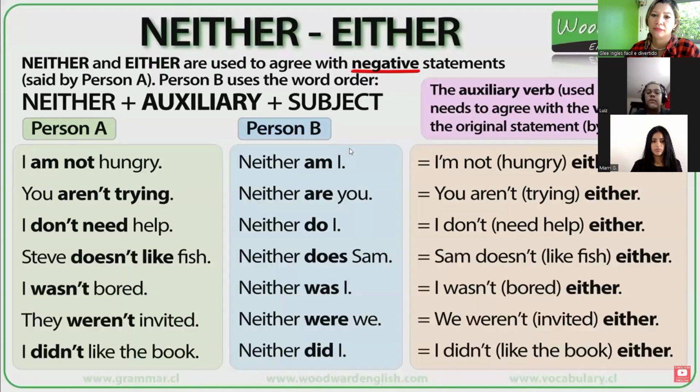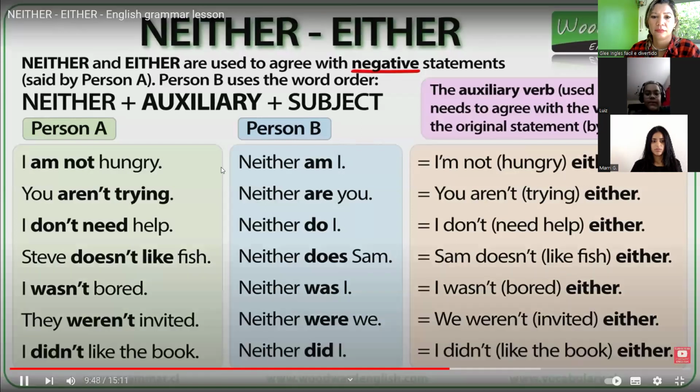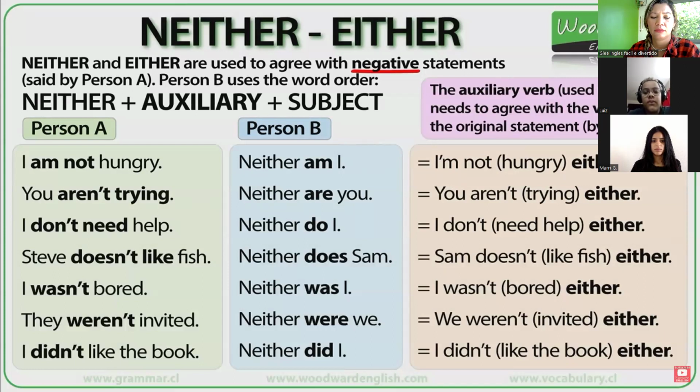Let's quickly go through each of these again. I am not hungry. Neither am I. You aren't trying. Neither are you. I don't need help. Neither do I. Steve doesn't like fish. Neither does Sam.